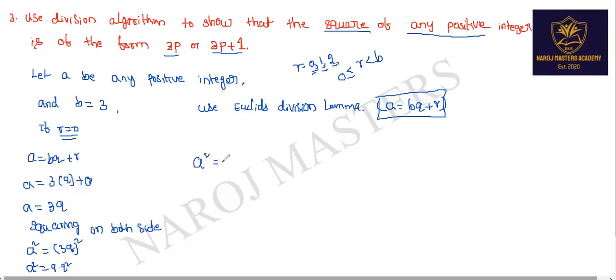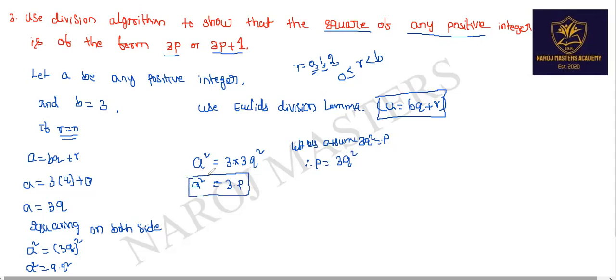A square is equal to 3 into 3q square. So let us assume p is equal to 3q square. Then substitute the value of 3q square here. What we assumed here? p. So a square is equal to 3 into p.